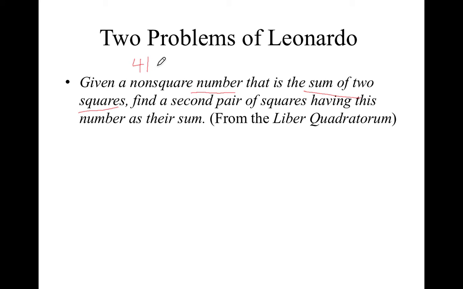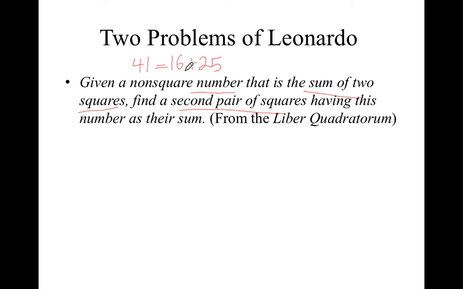Well, two squares we can try. 41 is 1 plus 40, doesn't work. 4 plus 9, no, but it seems like 16 plus 25 works. So 41 is a non-square that is a sum of two squares. It says find another pair of squares.